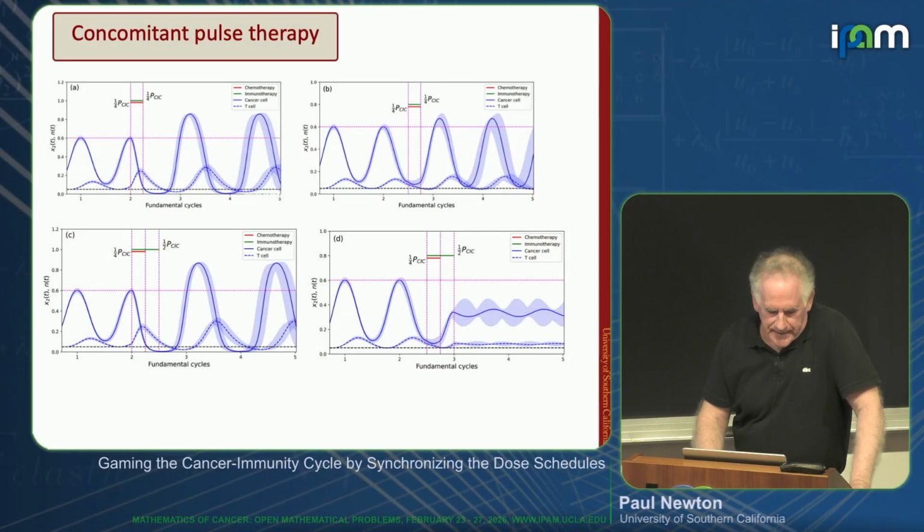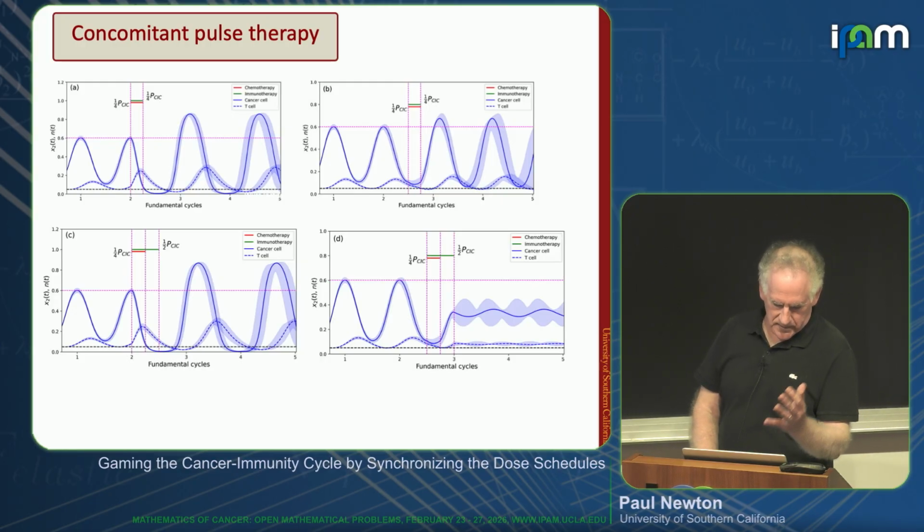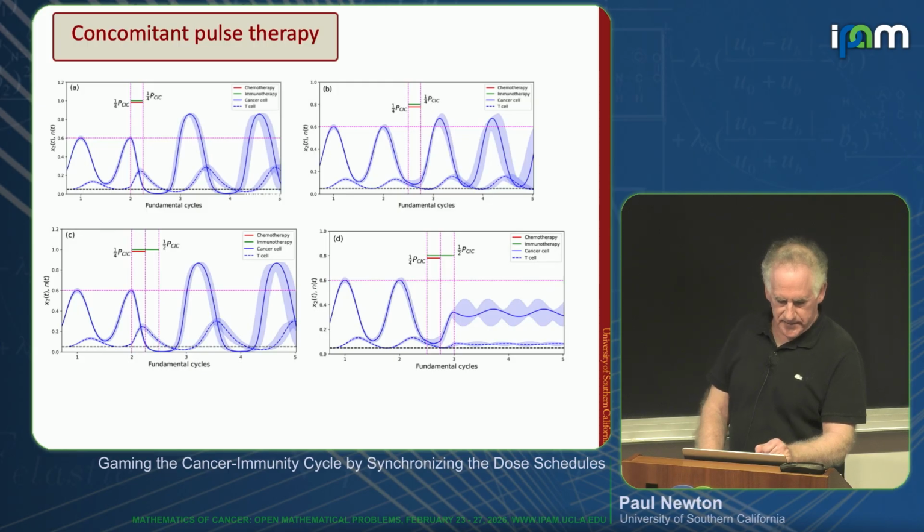Concomitant pulse therapy, again, we went through different possibilities there. Concomitant means they're given at the same time, starting at the same time. The top one shows exactly the same pulses, and the bottom one shows that the immunotherapy pulse is twice as long as the chemotherapy pulse.